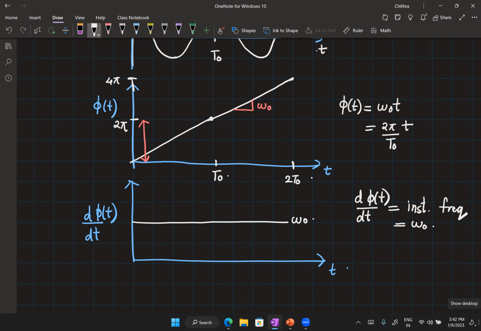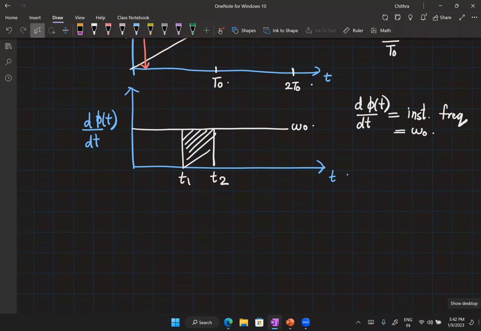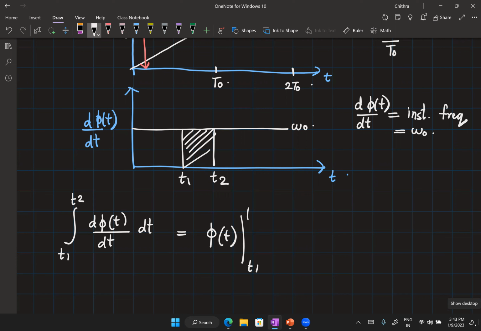So now let me ask you another question. Let's say I integrated and I calculated the area under this curve from T1 to T2. What does that value represent? What is the significance of this area? Total phase that has been accumulated. So let's look at this. So what we are doing is basically integral of d phi of t by dt from T1 to T2, right? This is basically phi of t from T1 to T2.